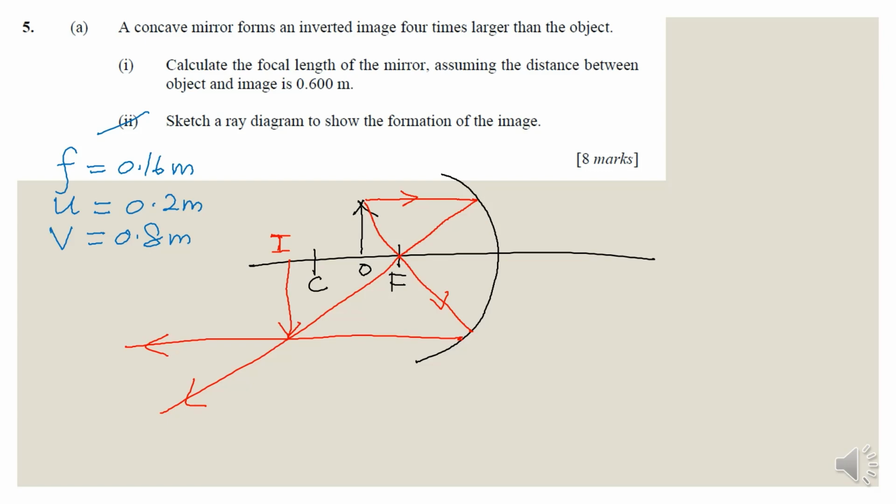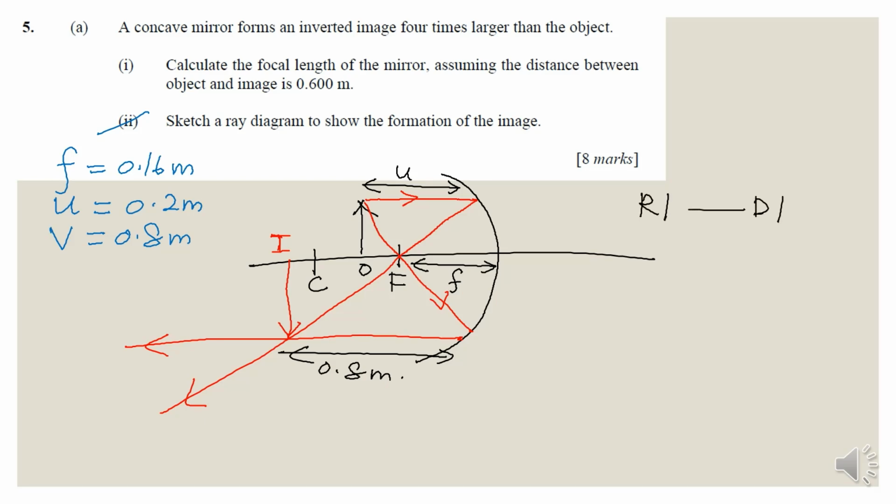Kalau kita tengok, ini adalah U kita, nampak tak U 0.2. F awak adalah ini 0.16, lebih kecil daripada U. Dan V kita adalah 0.8 meter, lebih besar daripada 2 kali ganda F. Inilah dia punya sketch. 3 markah dia adalah pada ray yang pertama 1 markah.